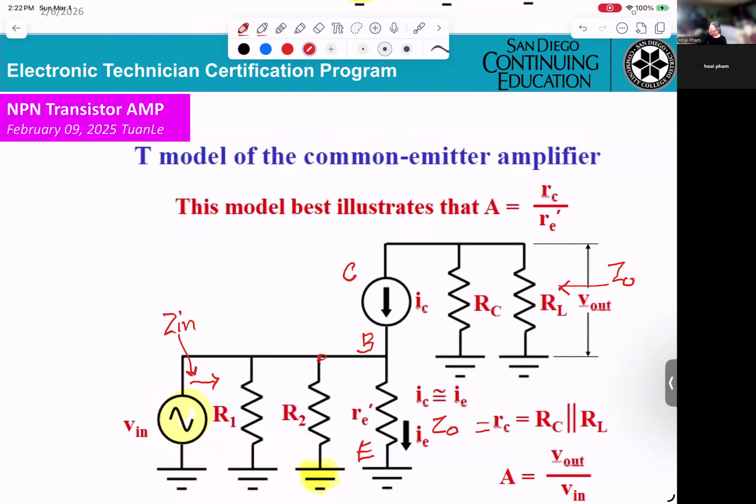So that's why they give you this formula. Output impedance equals RC parallel RL. In calculation, that should be RC times RL over RC plus RL. And if you calculate the gain, gain equals Vout divided by Vin.